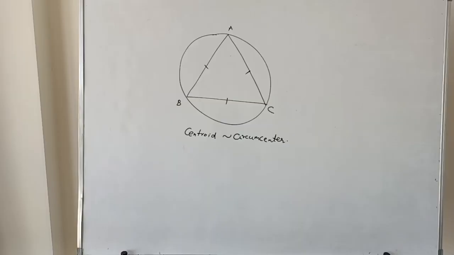Okay. You can see an equilateral triangle which is inscribed in a circle. So AB is equal to BC is equal to AC. We are doing this particular proof in order to show that the centroid of the triangle is also the circumcenter of the equilateral triangle, and also to show that the circumcenter falls inside the triangle, because the centroid of an equilateral triangle is always inside the triangle.